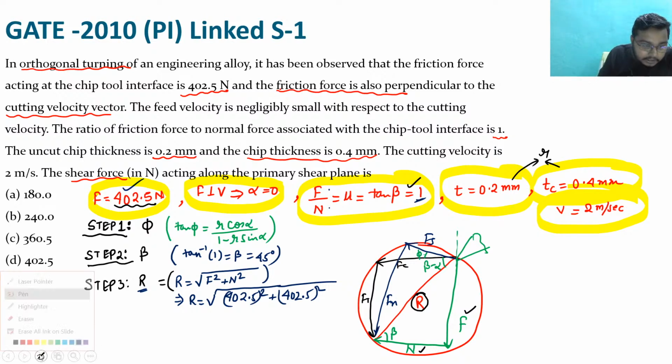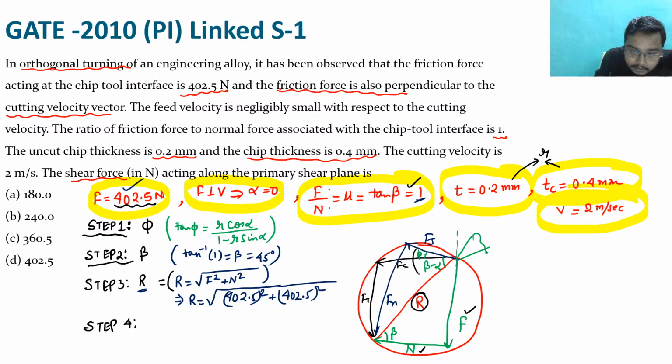Now once you have found the R, step 4 would be to find the shear force. How can you find the shear force? See, this is the angle. The shear force Fs is equal to R cos of beta minus alpha plus phi.